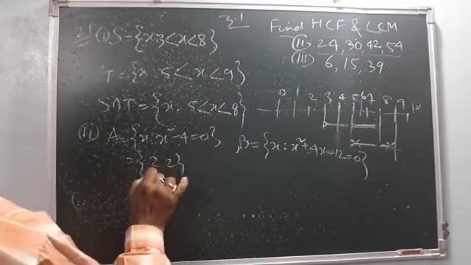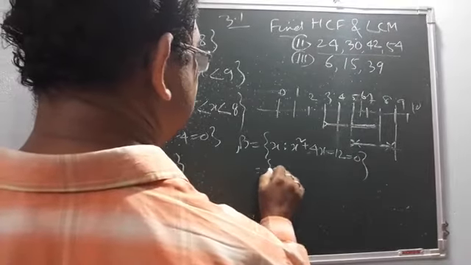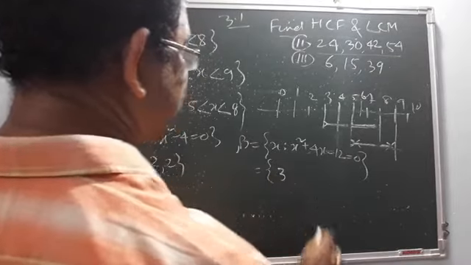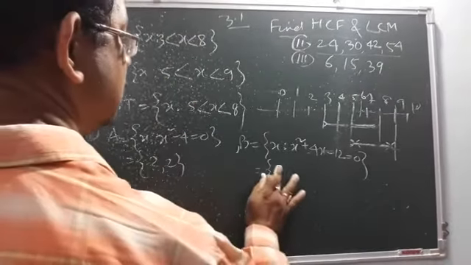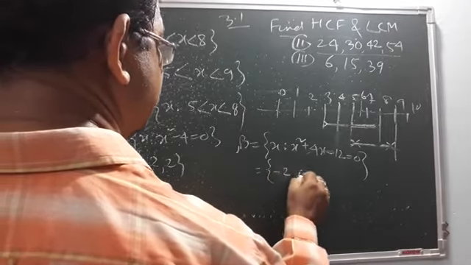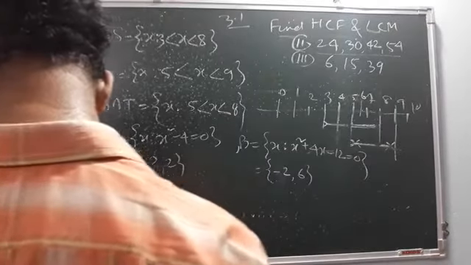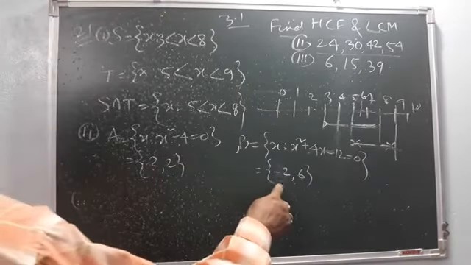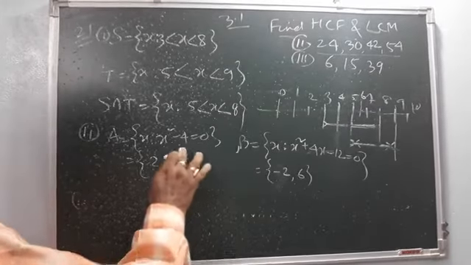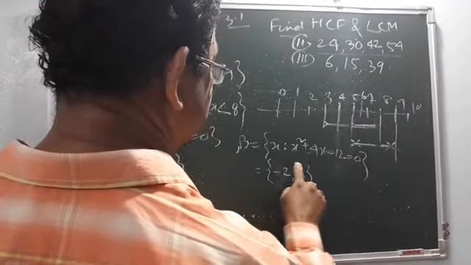If we solve, then these two values will come. If we solve, then we will get 6 and 2, so it is minus 2, plus 6. Now, if we take the common element, here it will be plus 2, minus 2, but here 6, minus 2, minus 6 will come.